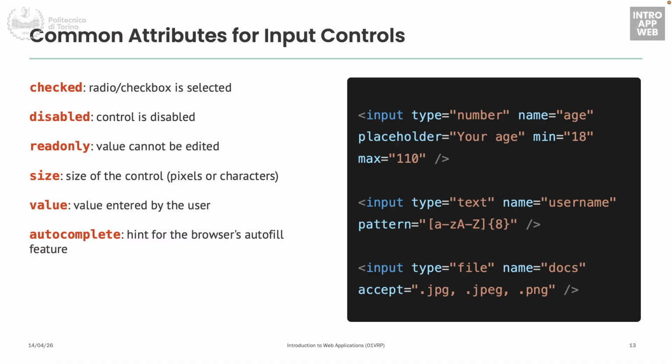It allows only alphabetic characters. Yeah. And maybe only 8 characters in this case. Yeah. So just alphabetic characters with a length of 8. So we can also define these kinds of patterns by using this attribute.